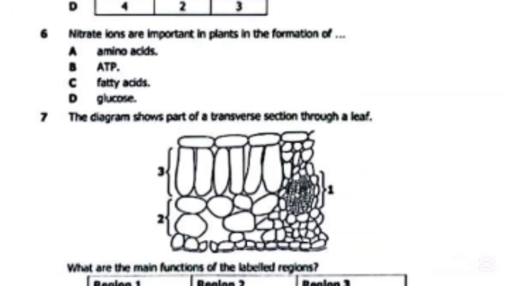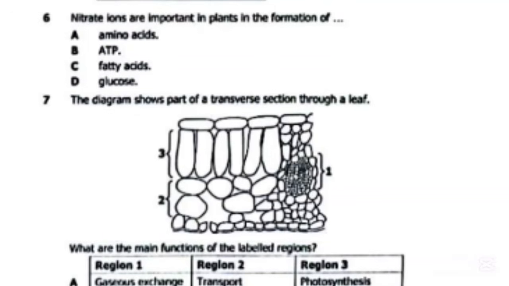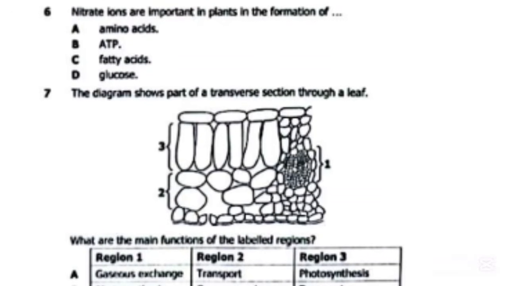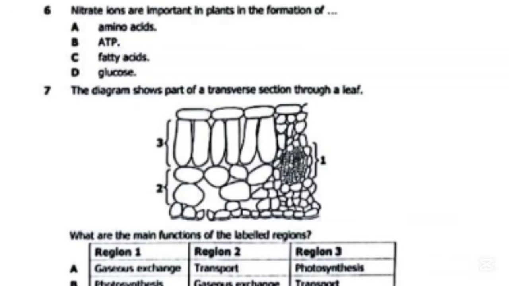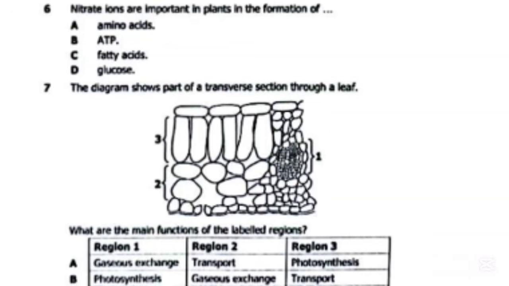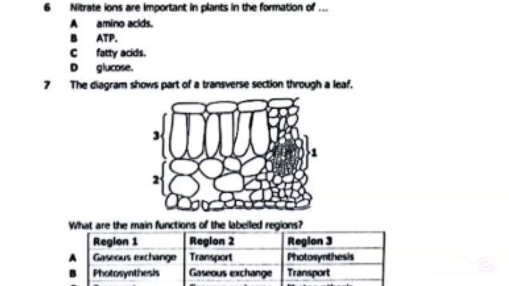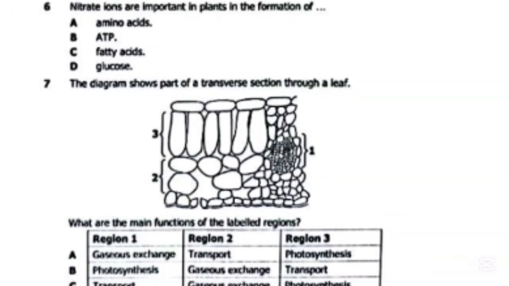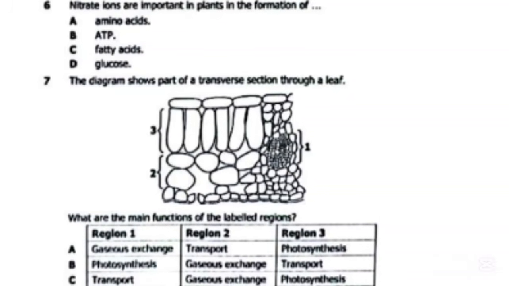So we know that nitrates are responsible for building up amino acids, but you have to know that this process only occurs in plants and microbes, bacteria, which have the enzyme that can convert nitrates into what? Into amino acids. So nitrates can combine with what?